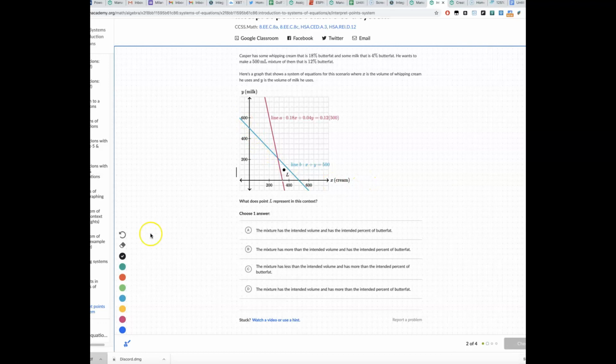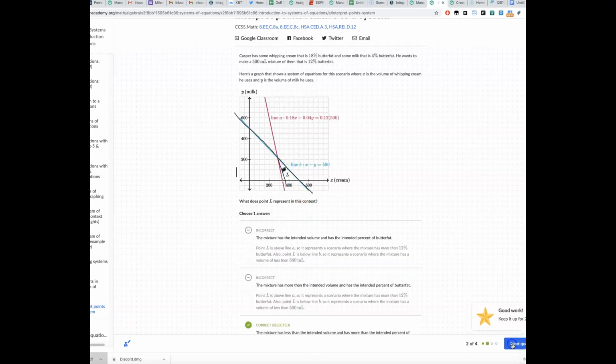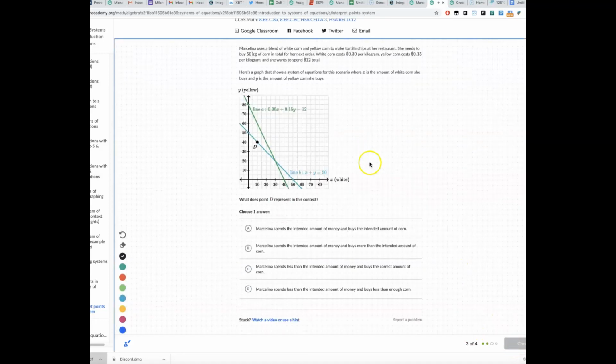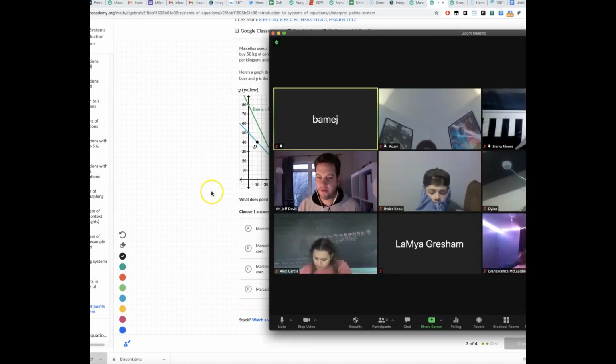Oh, so this is the volume line. And so we're lower in volume. We don't have the intended, we have less. And then more, so that's this one. More than the intended percent of butterfat. And that's because we're to the right on this one. So I'm going to go with C. Whew. A couple of these are rough.